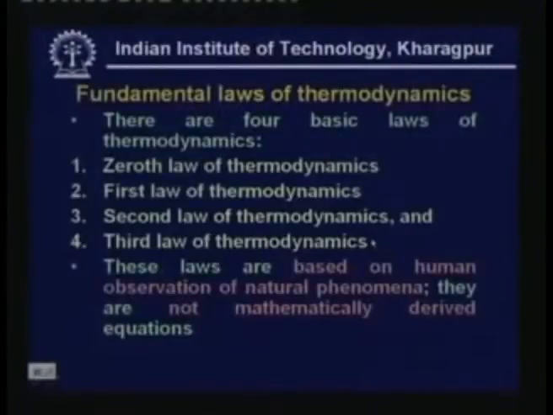Now, let us discuss the fundamental laws of thermodynamics. There are basically 4 laws of thermodynamics: the zeroth law, first law, second law, and third law of thermodynamics. These are the most important laws of thermodynamics, and they are not mathematically derived equations or anything. They are based on our observations of natural phenomena.